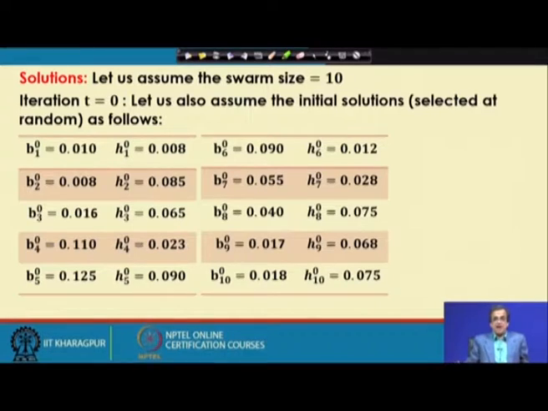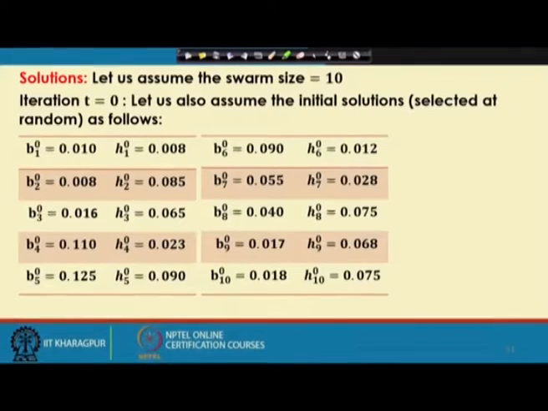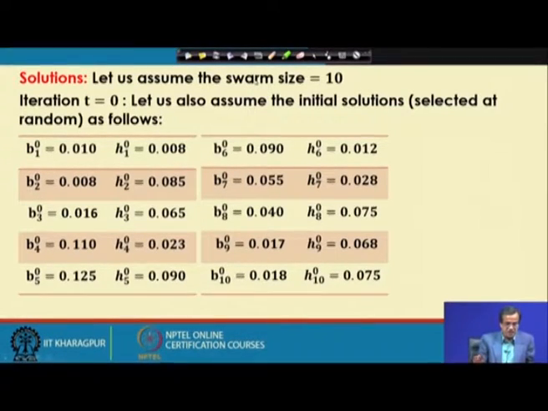Now, here we start with a population of solutions, that is the swarm of particles, and that is why this is known as PSO, particle swarm optimization. For simplicity I am just going to consider that the swarm size is equal to 10.